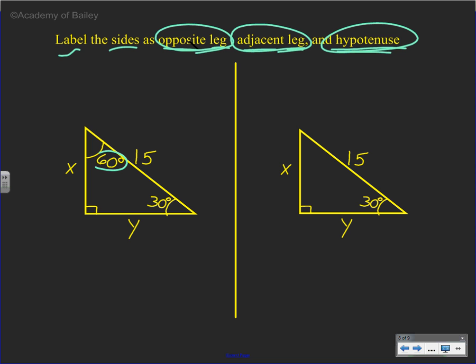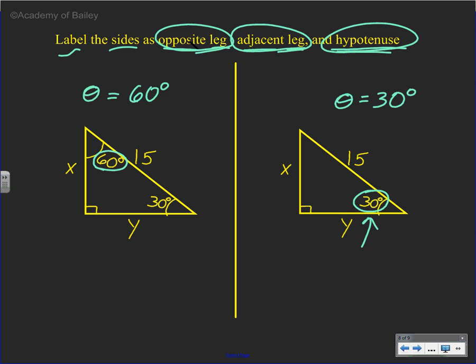So you have to identify the angle that you're going to be using. In this case, we're going to say theta is equal to 60 degrees. On the right side, we're going to say theta is equal to 30 degrees.